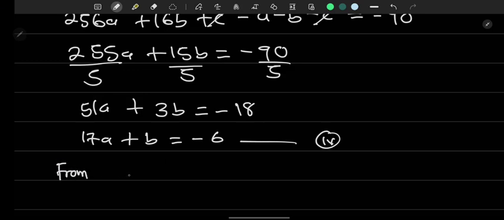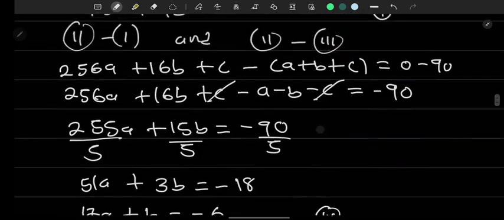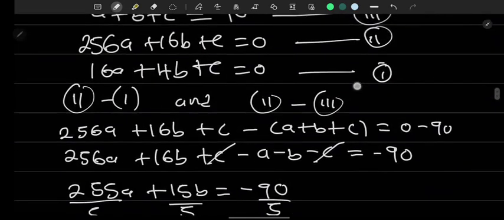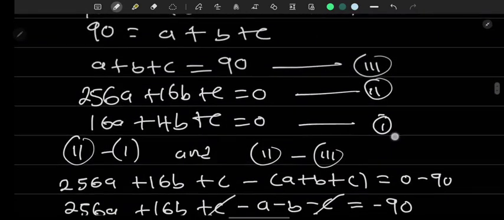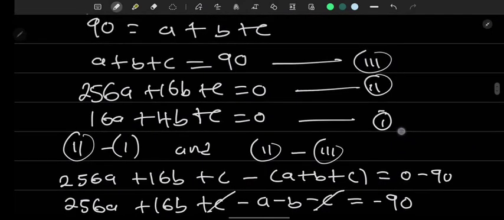Now from the other one, which is equation 2 minus 3. Sorry, now we are considering 2 minus 1.